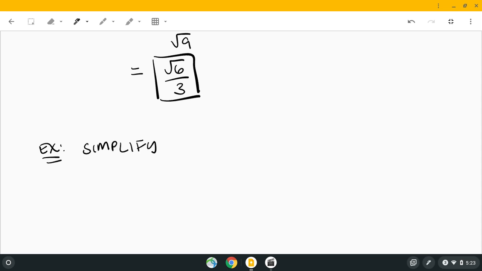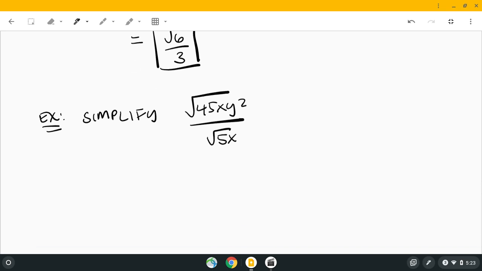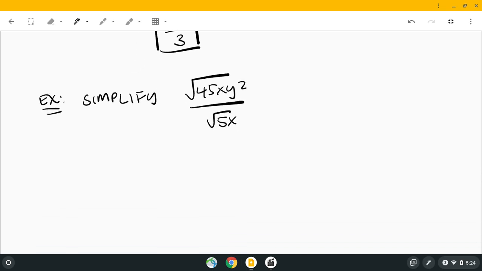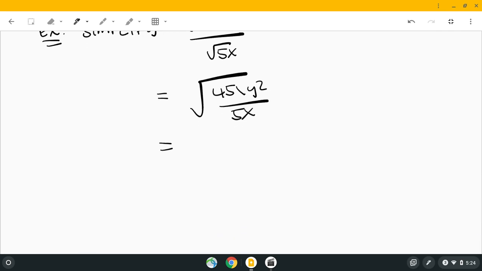Simplify. Suppose that I have square root of 45xy squared over square root 5x. Okay, so don't jump the gun and start rationalizing. Check to see if you can simplify it first. So here, let's see what happens if we rewrite this as a single radical, 45xy squared over 5x. Well, if I do that, then the 5 here will cancel.